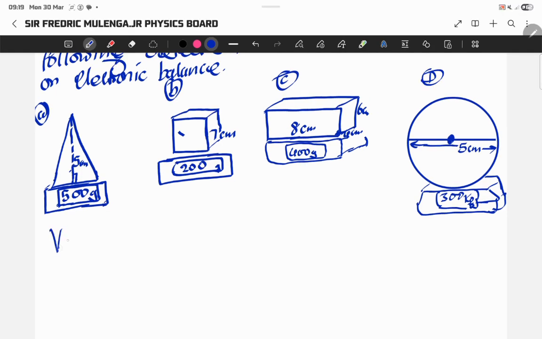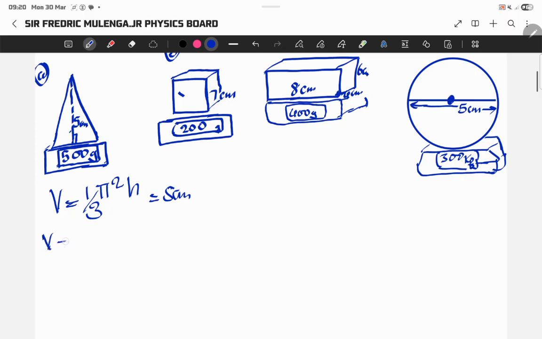The volume of the cone is determined by this formula, one third pi r squared h, and the height given to us is just 5 centimeters. So we'll go ahead and substitute, using 3.142 as the value of pi, times r squared times 5. Okay, so what do we get? Go ahead and do it on your calculator.